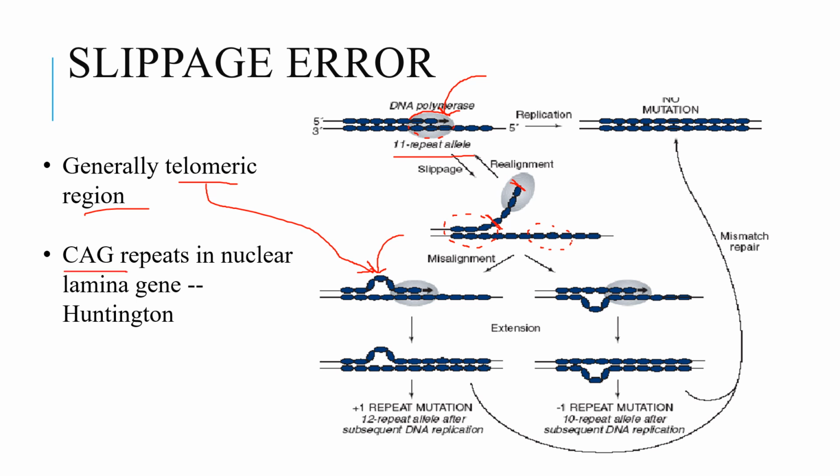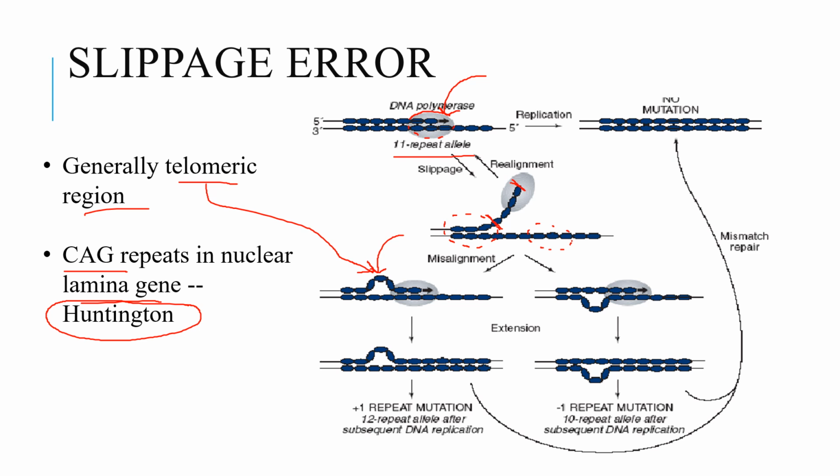CAG repeats, if CAG repeats are present in the nuclear laminar region, and if they are more than 40 in number, it will lead to one disease which is called Huntington disease. Huntington disease will lead to unstable DNA structure, chromatin not at its fixed place, or an increased aging process.